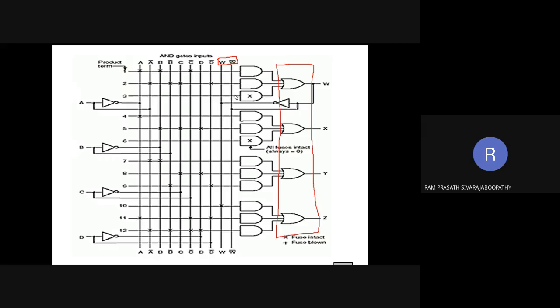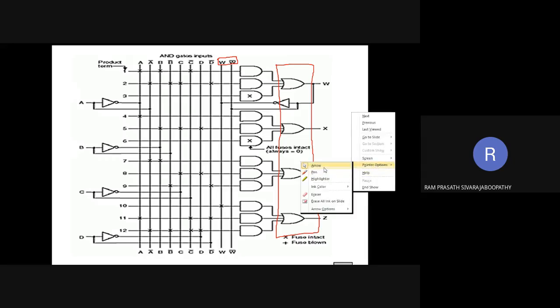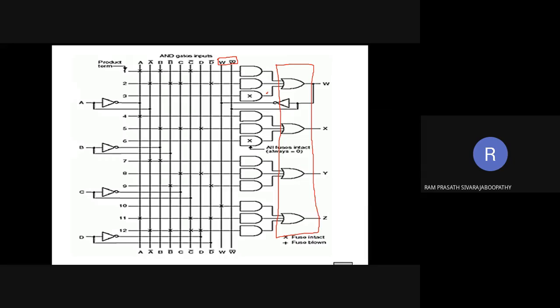Instead of blowing the fuses individually, instead of linking, all the lines, all the interconnections, we enable them together. So if A bar, B bar, C bar, D bar, W bar all combine, we will be getting 0. So here we will be getting 0.